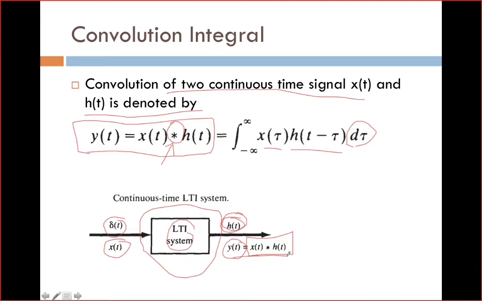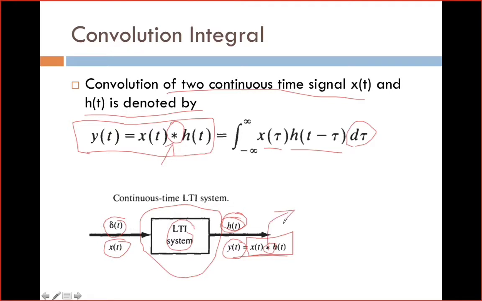Now, what the Fourier transform and Laplace transform, or even the Z transform we are going to study, will do is this: the convolution operation is generally a tedious job. If you take the Fourier transform or Z transform or Laplace transform, this convolution will become simple multiplication.